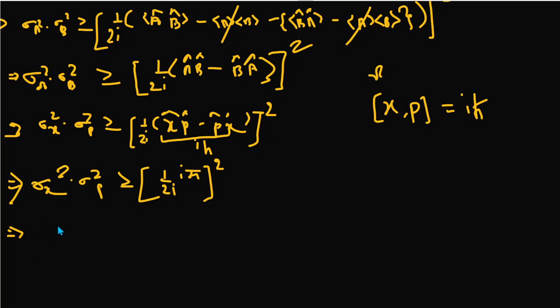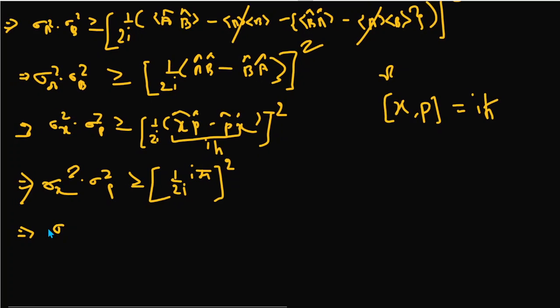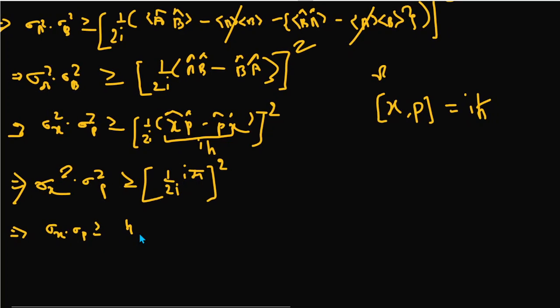Now what we have to do is take the root on both sides. If you take the root on both sides, this particular equation looks like this. Sorry, I have to put it down here. Sigma x sigma p is greater than or equal to h bar or h cut divided by 2.